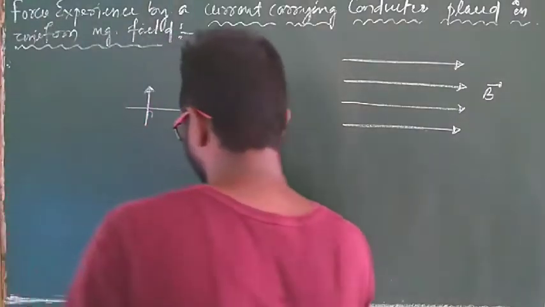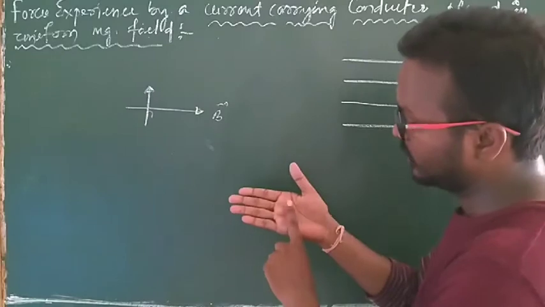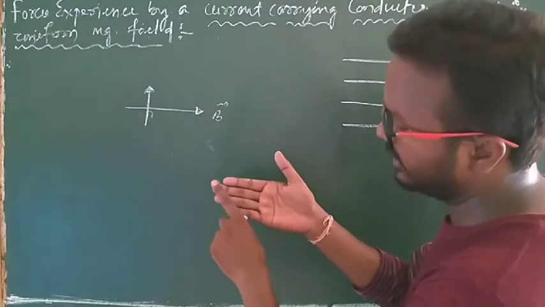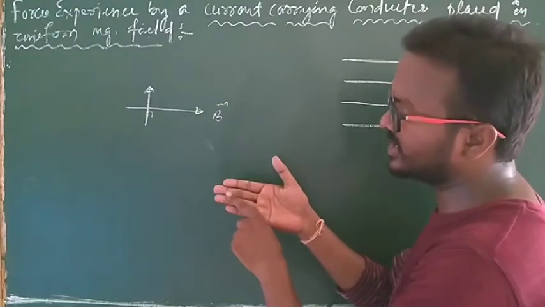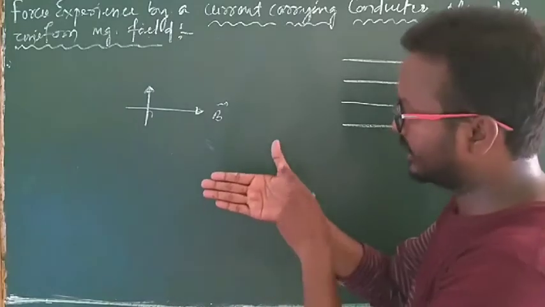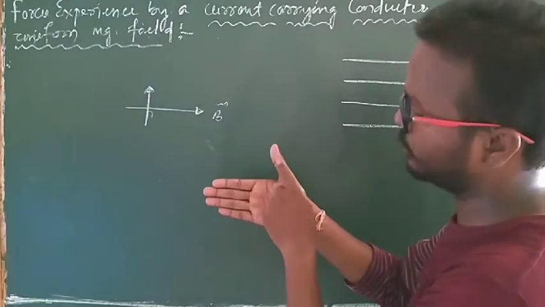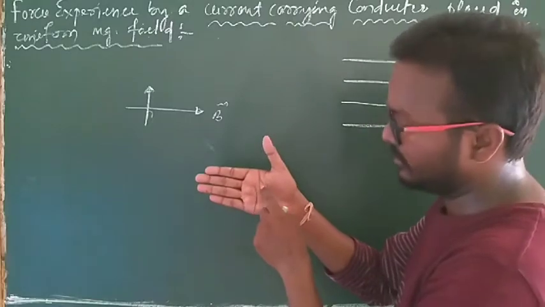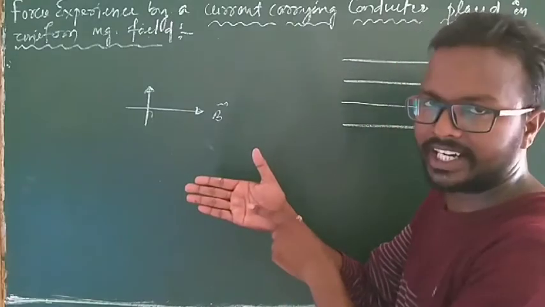So do we know what the right hand palm rule is? The tips of the fingers point toward the direction of the magnetic field, and the thumb points toward the direction of the flow of charge. Then the palm indicates the direction of the magnetic force.